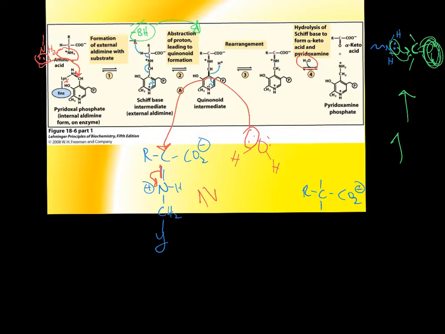Oh, whoops, that's supposed to be a different color. Okay, the nitrogen has a hydrogen. And what we do all the time in biochemistry is that these 2 electrons could come and take one of the hydrogens off that water. Okay, so that's why I'm going to show it like that.